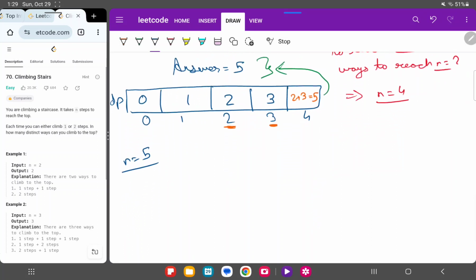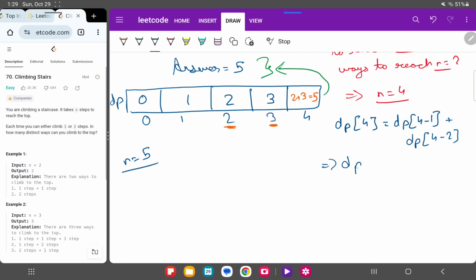So again, before proceeding, the hypothesis we used is dp of 4 is equal to dp of 4 minus 1, that is 1 step behind from 4, or 2 steps behind from 4.